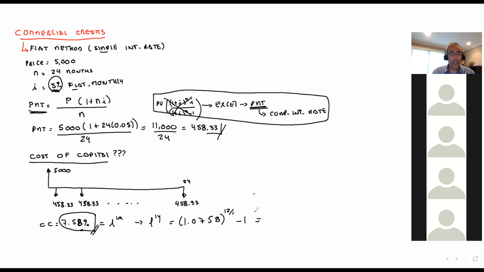The compounding is brutal, guys. What is the interest rate that you get? 140.32%. This is what you're paying.